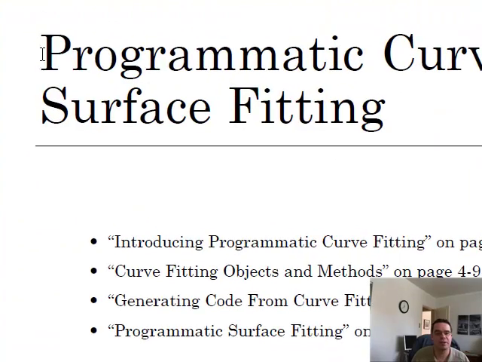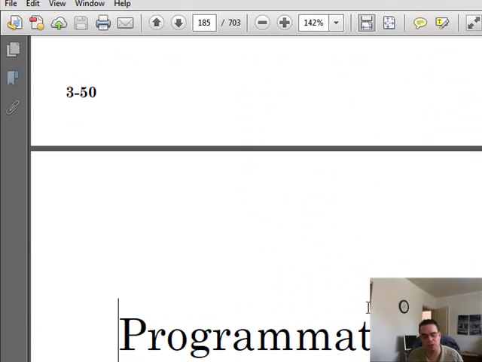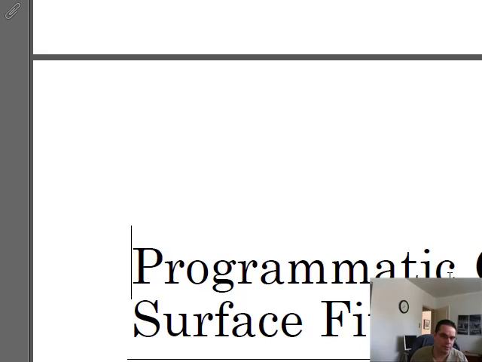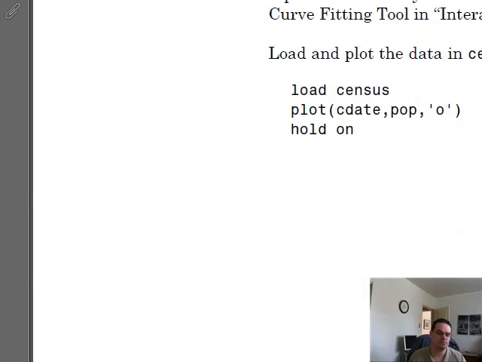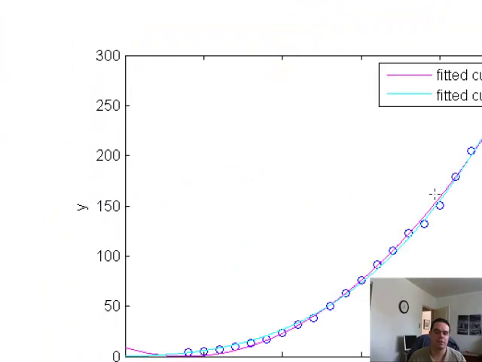Now, remember I said as programmers, you can do what I just showed you through GUI tools, graphical user interface tools, from this toolbox of the curve fitting. Now, I have mentioned you can do all this programmatically. Doing that programmatically is very powerful. So here we go. We got typical curve fit, and so on.